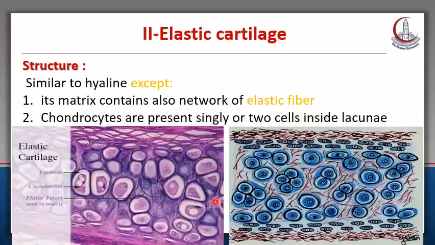These elastic fibers condense around the chondrocyte lacuna. As we see, these fibers can be visible under the microscope, in contrast to the ordinary collagen type 2 of the cartilage. Also, chondrocytes are present singly or in two cells inside the lacuna.